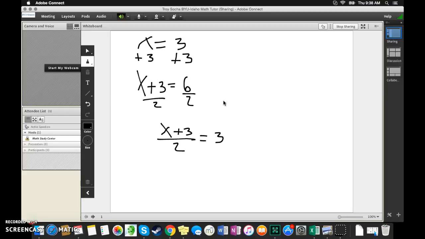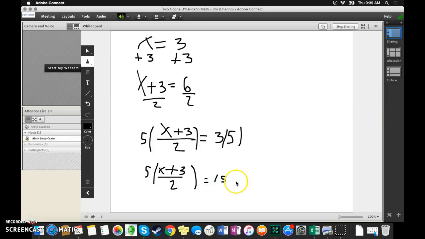Now, another way: I like that, but I want to multiply it by 5. Because why not? So I want to multiply each side by 5. So now it's 5 times the quantity x plus 3 over 2, and heck, equals 15.